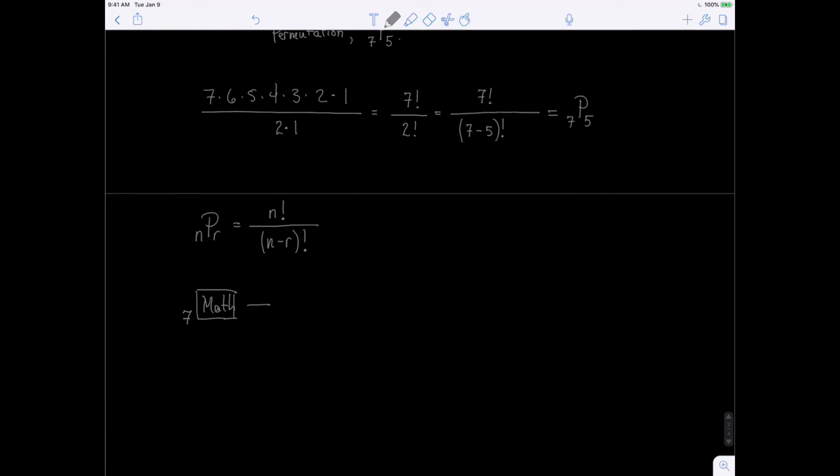Scroll over to PRB, or on the newer calculators, PROB. Then scroll down and you'll see an nPr option. Scroll down to that and press Enter. Now on your screen, you'll see 7, and on the older calculators, you'll see nPr, and then you type the 5 and press Enter.